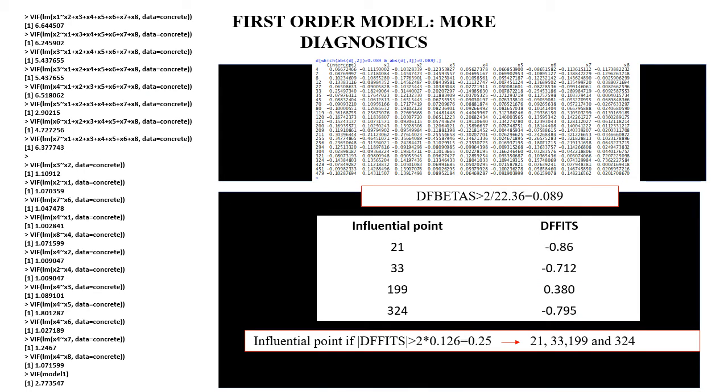Here we can see the matrix with points that may cause a large impact due to large DFBETAS. Judging by DFFITS, 21, 33, 199 and 324 are influential points, and the VIF table returns numbers less than 10, which means that no serious multicollinearity problem is detected.